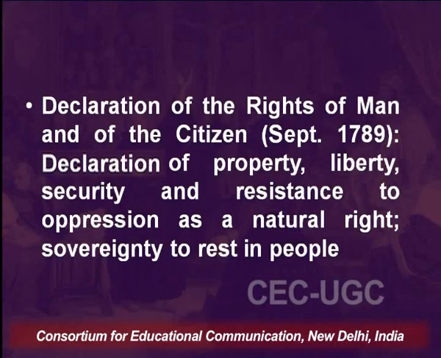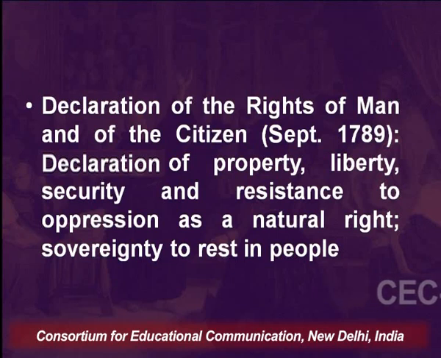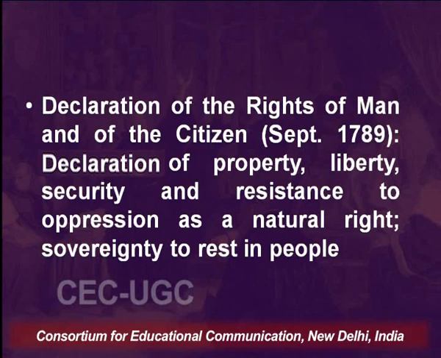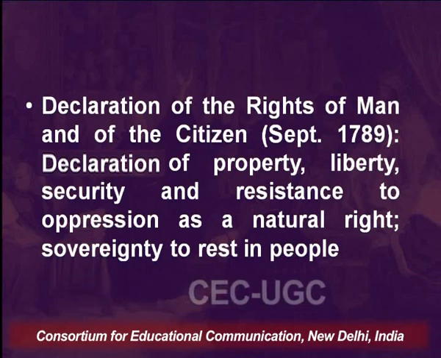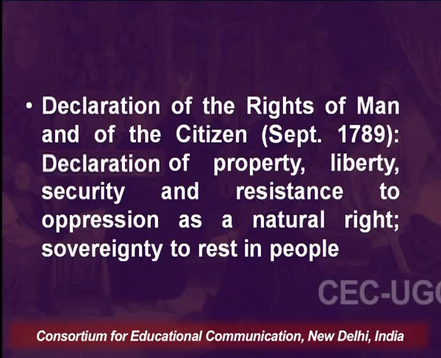Then all of us know about the iconic document, the Declaration of the Rights of Man and the Citizen. This was in September 1789, and it very eloquently articulated the purpose, content, and also the aspirations of the revolution.